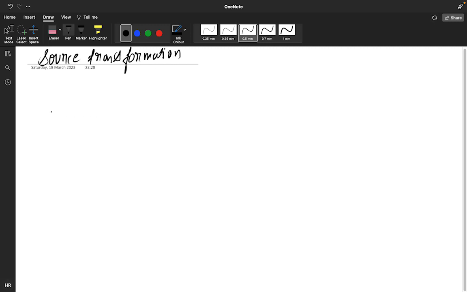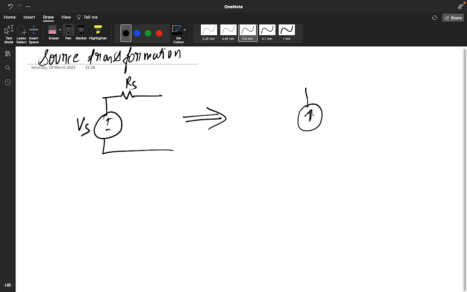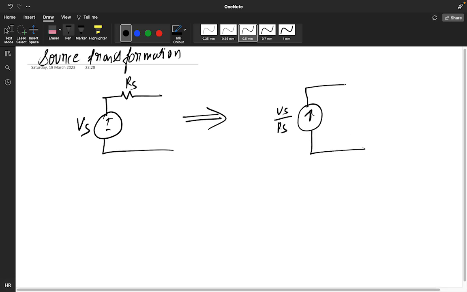Source transformation means if you have Rs and a voltage source Vs, and you want to make the circuit in terms of current, you can draw the circuit with current Vs by Rs, and this is your Rs. So this is the source transformation.